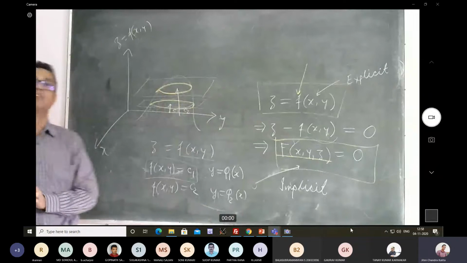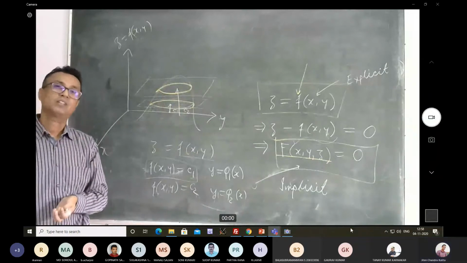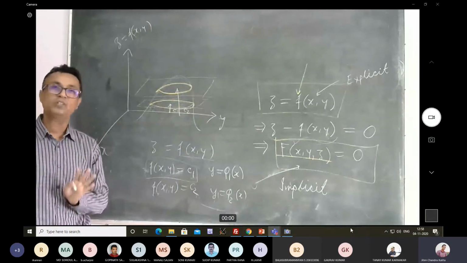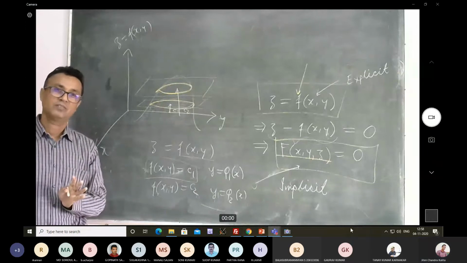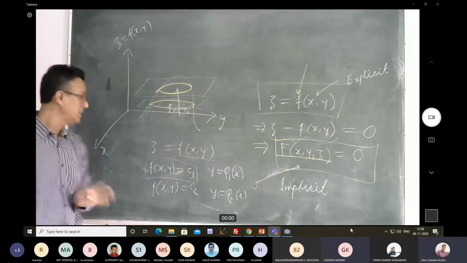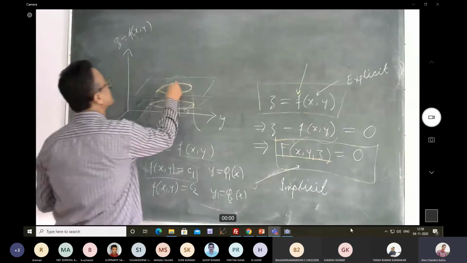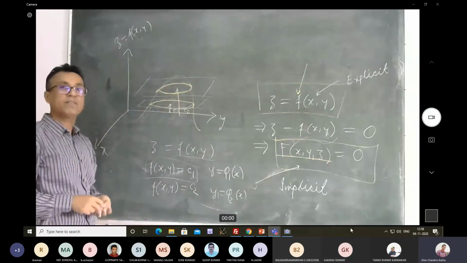And they are going to define some curve in the xy plane. Is it okay with everybody? Right? And these curves are called your level curves.